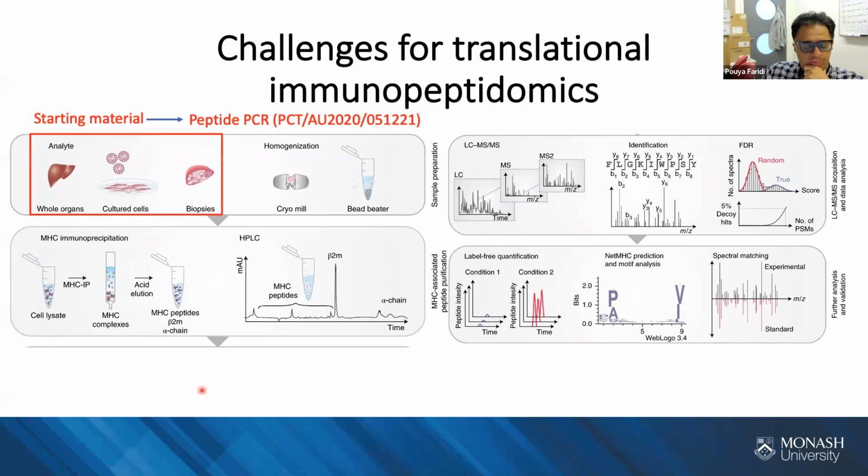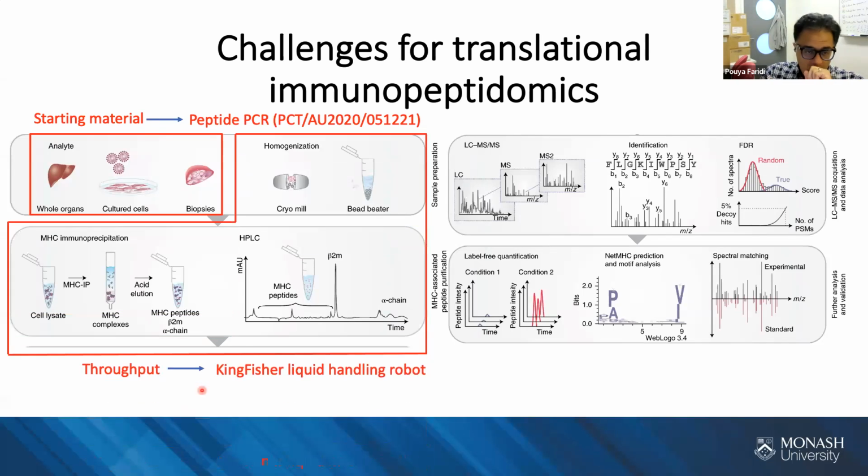In general, immunopeptidomics needs big biopsies or billions of cells. But now we have developed a technique called peptide PCR, so we can use a small amount of material for a targeted approach. Now we can use small biopsies and see which peptides are coming from them. We don't always need to go to cell culture. One problem was throughput.